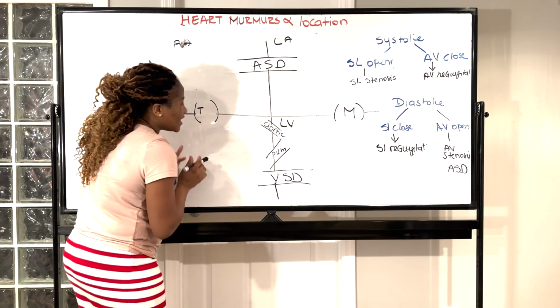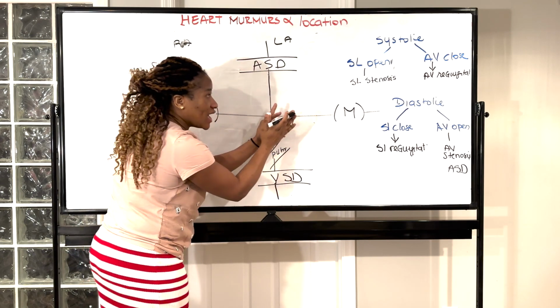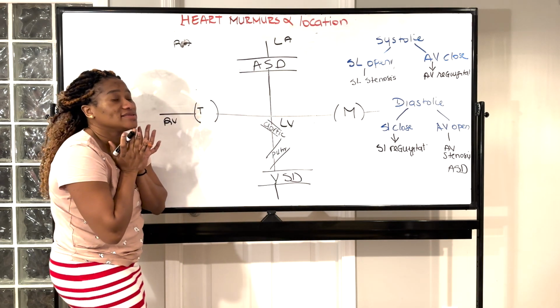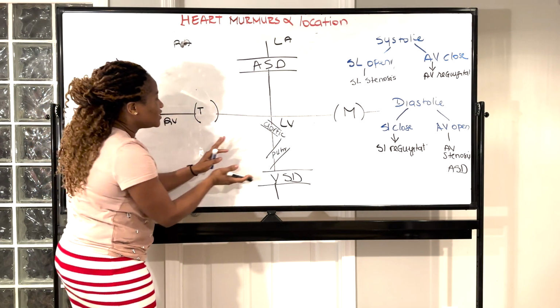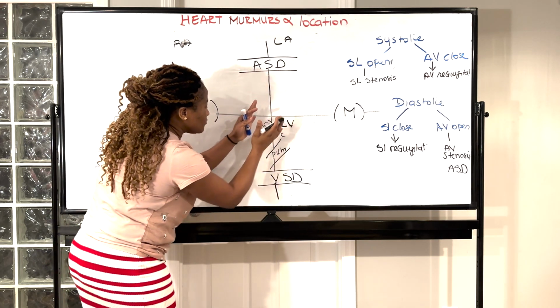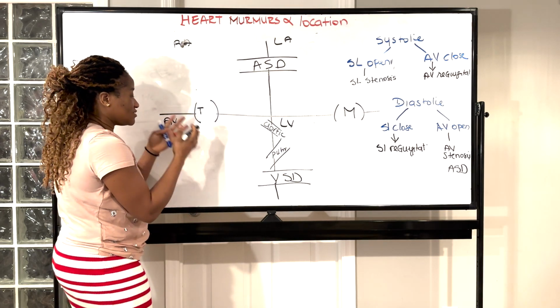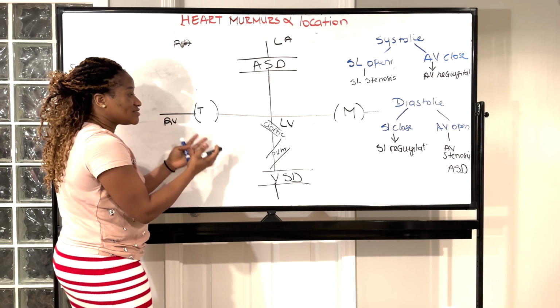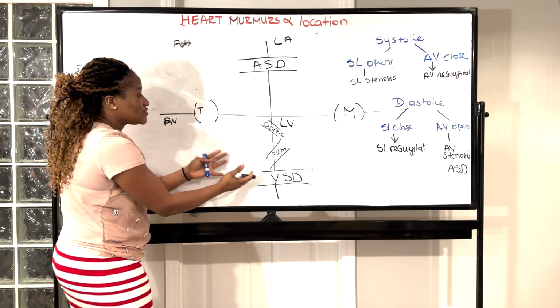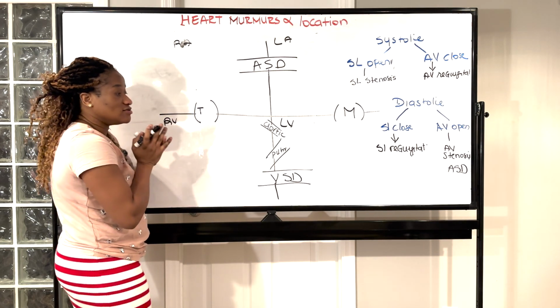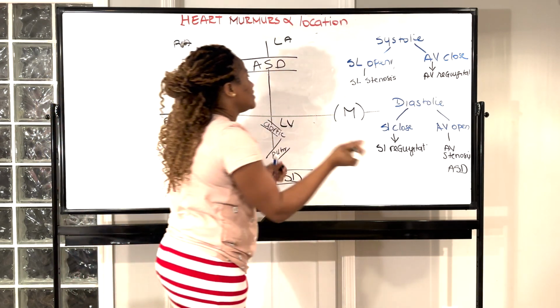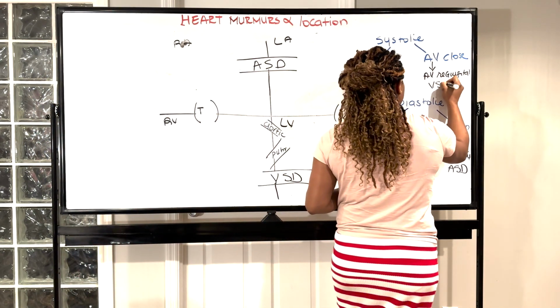So while that right ventricle is pumping out, and it's pumping when? During systole. So while it's pumping, you're going to hear that sound because there is a volume that it's not supposed to be working with. So your VSD is going to be your systolic sound. So here, VSD.